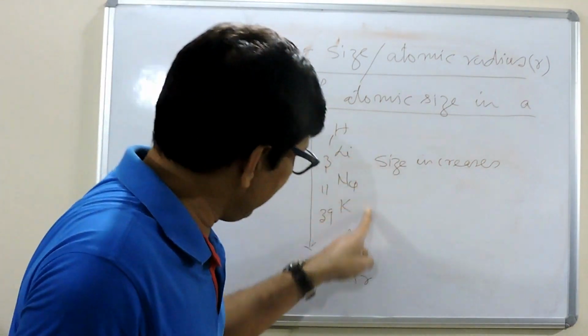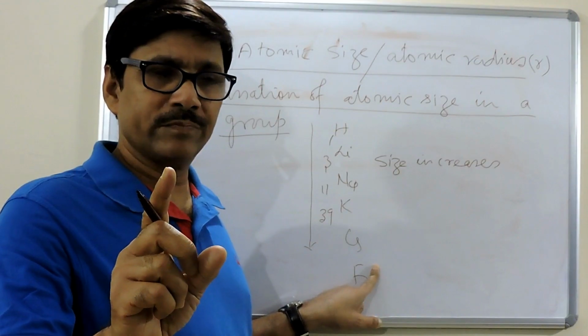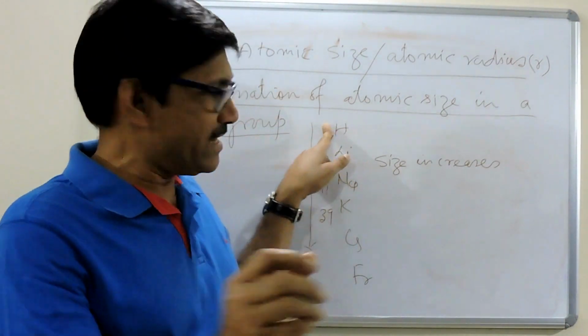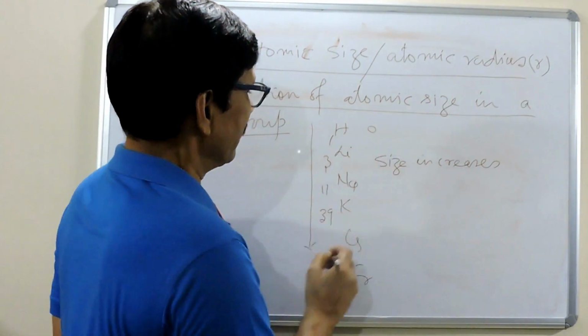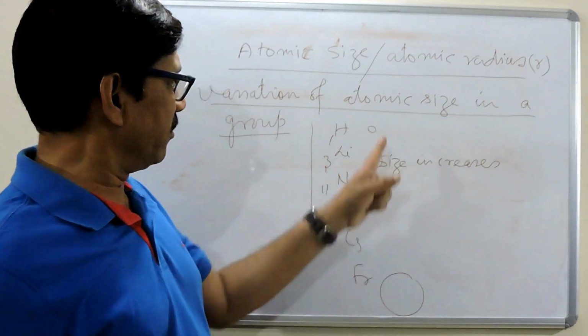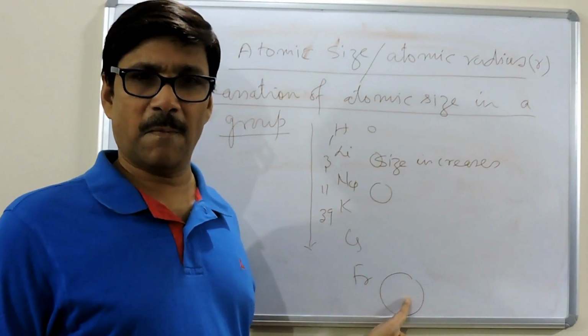So in any group, the first element will have the smallest size and the last element of a group will have the largest size.